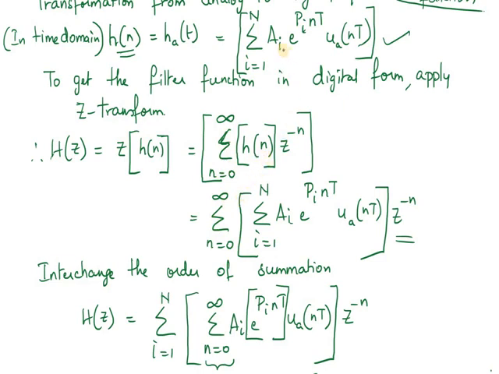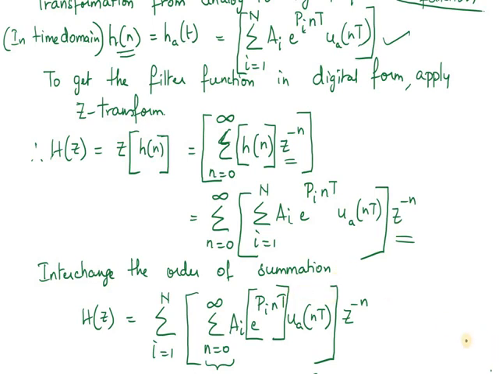In place of h(n), we write this complete expression: summation i equal to 1 to N, Ai e raised to Pi nT into ua(nT), multiplied by z raised to minus n.